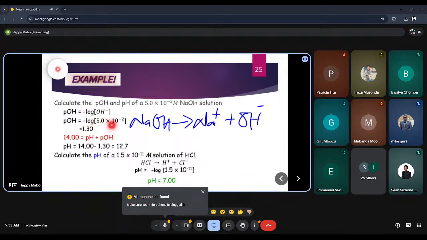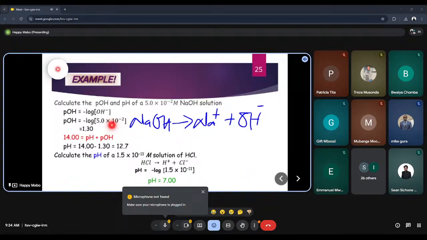We know that this being a base, we do not expect to find so many hydrogen ions, because pH itself essentially is indicative of the presence, in terms of concentration, of hydrogen ions. So we're asking you to find the pH, which is the concentration of hydrogen ions in a solution that we expect would be dominated by the presence of hydroxide ions.